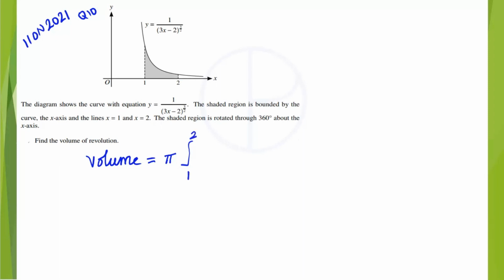Upper limit is 2. So what is the y value? (3x minus 2) the whole power 3 over 2. Bring it to the numerator: (3x minus 2) the whole power minus 3 over 2. Okay. So we need to write y square here, so the whole power 2 multiplied by dx. This 2 and this 2 get cancelled.